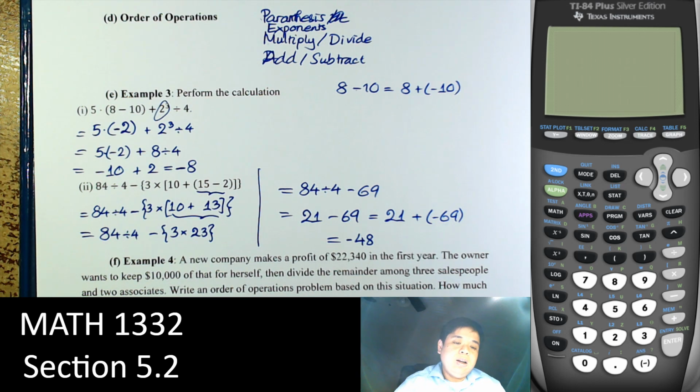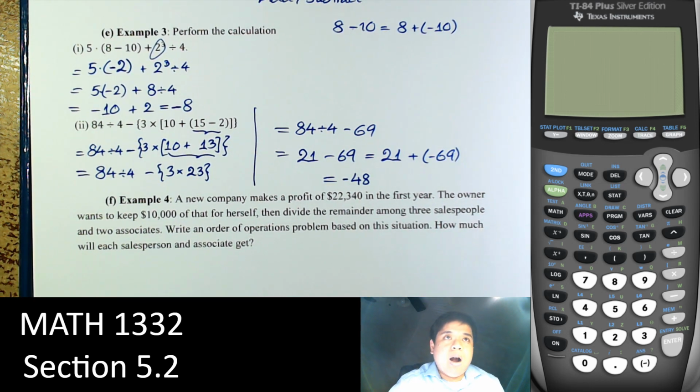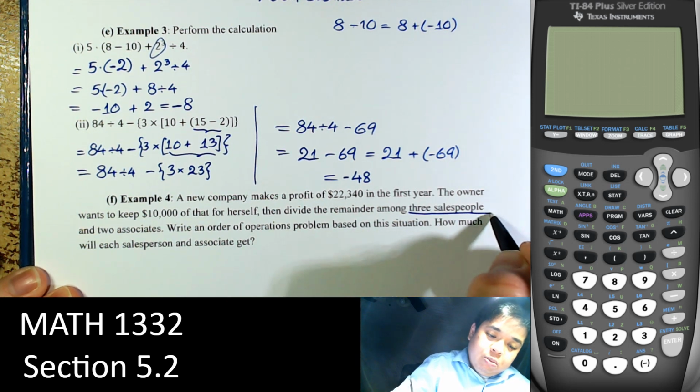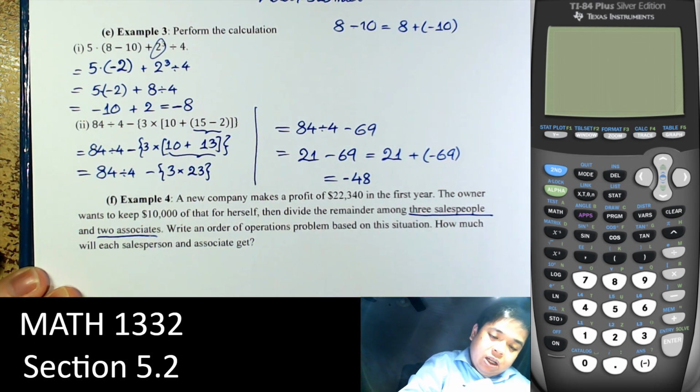Right, next. A new company makes a profit of $22,340 for the first year. The owner wants $10,000 for herself, and to divide the rest among 3 salespeople and 2 associates. So there will be 3 salespeople and 2 associates.